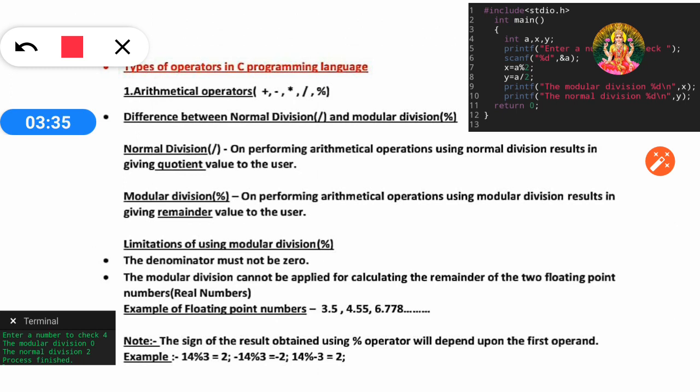Now some students will in fact ask, sir, what do you mean by the term quotient? Sir, what do you mean by remainder? Okay, there may be some questions regarding this. So to clear this question, suppose we divide the number 4 by 2.